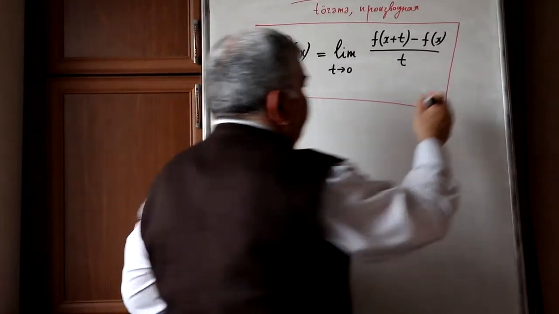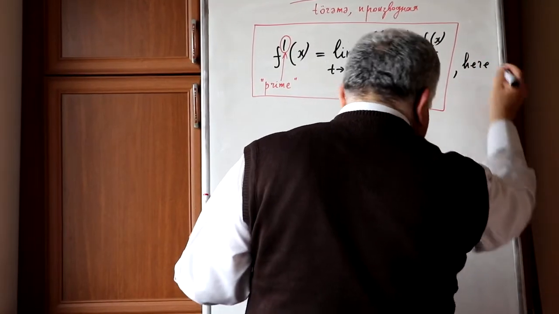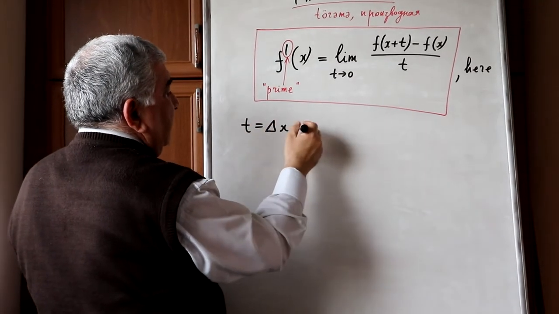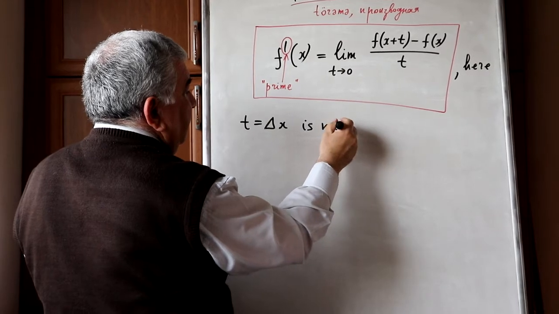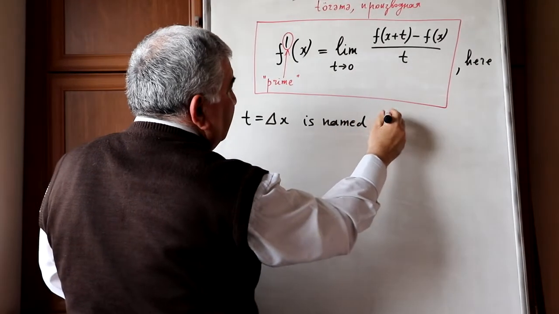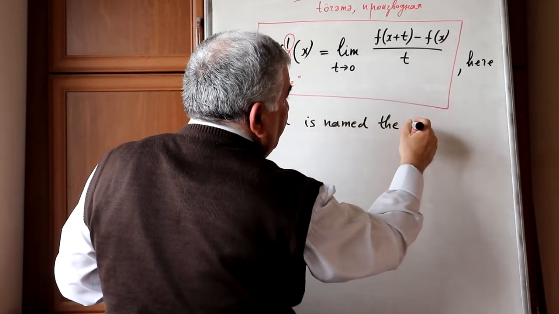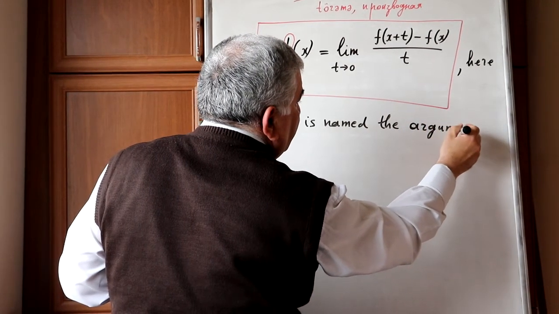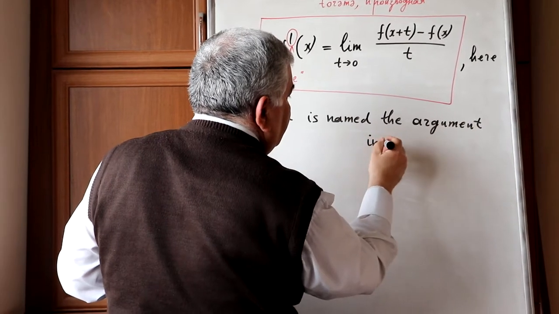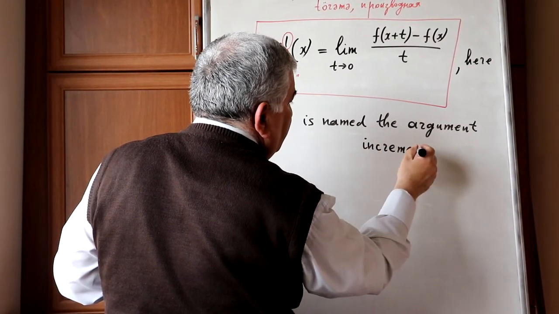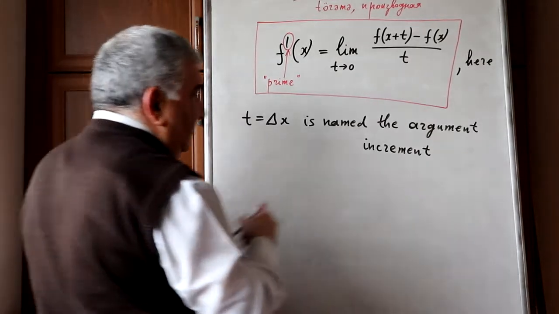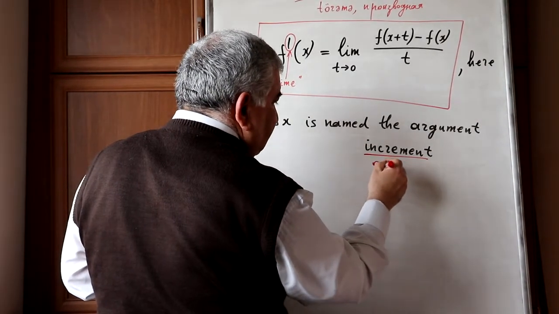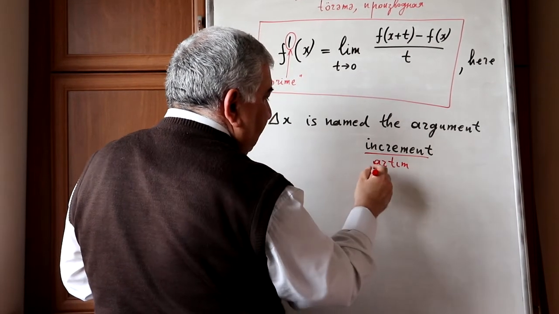Here t is delta x, named the increment of argument. Increment is artım in Azeri, in Russian приращение.